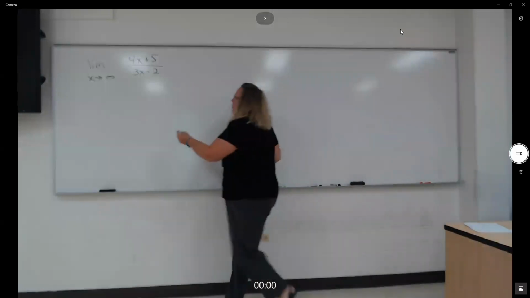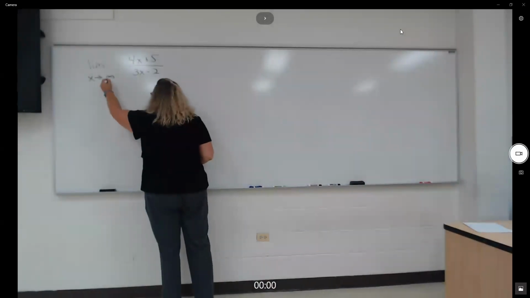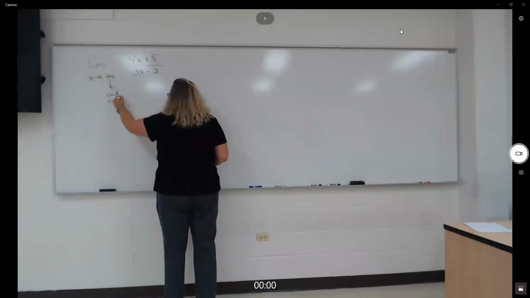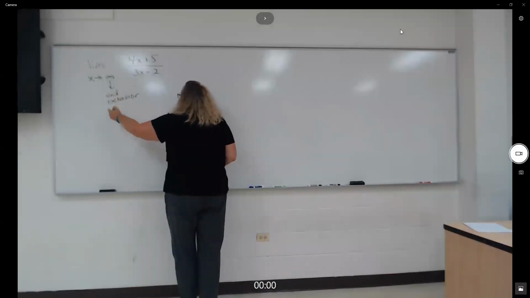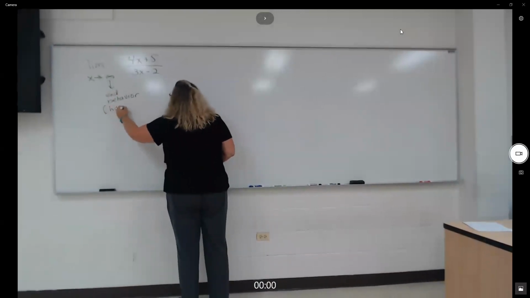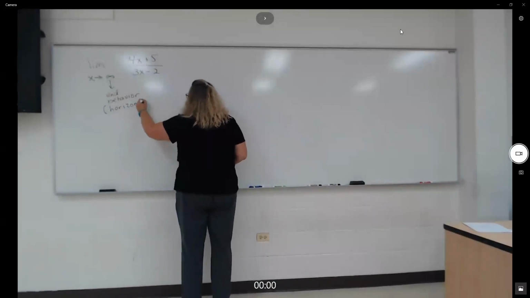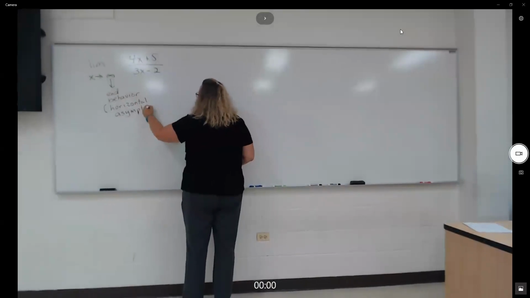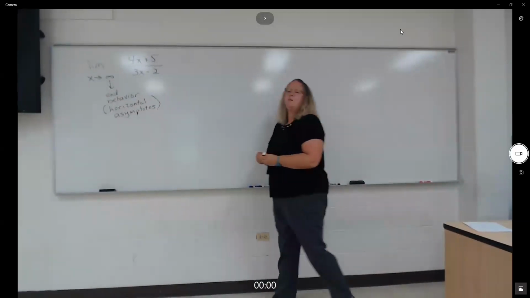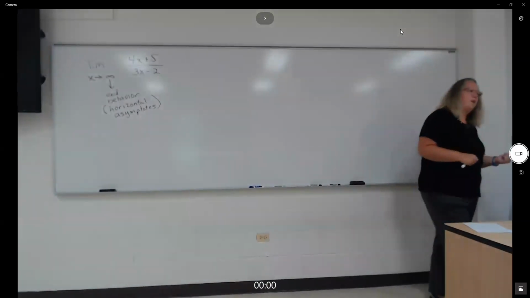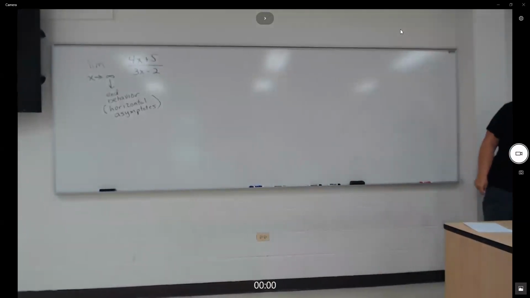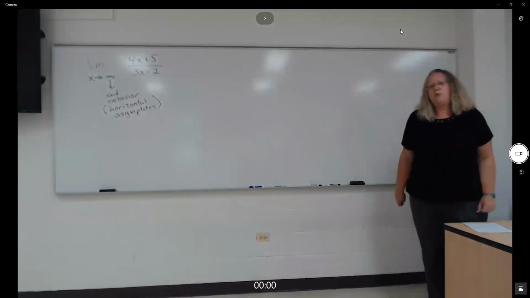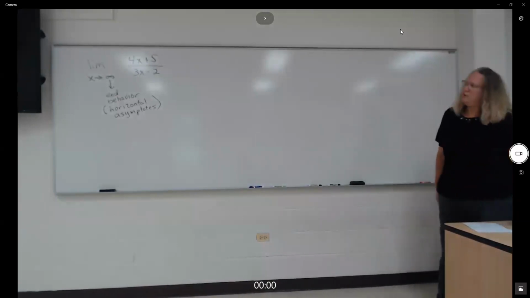Because think about it, if I'm going to positive infinity and negative infinity, that is end behavior. And end behavior dealt with horizontal asymptotes. So that at least makes some sense. Going to infinity and negative infinity with a rational function is talking about end behavior. End behavior goes with horizontal asymptotes.